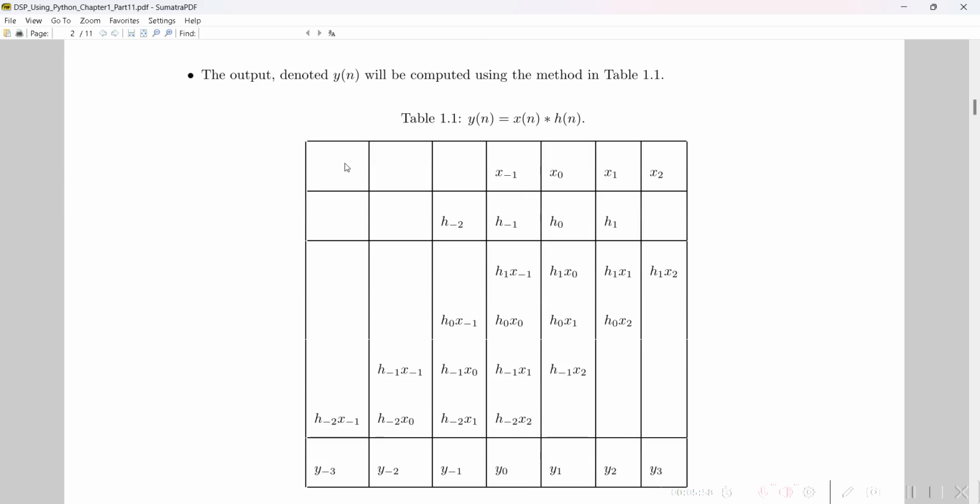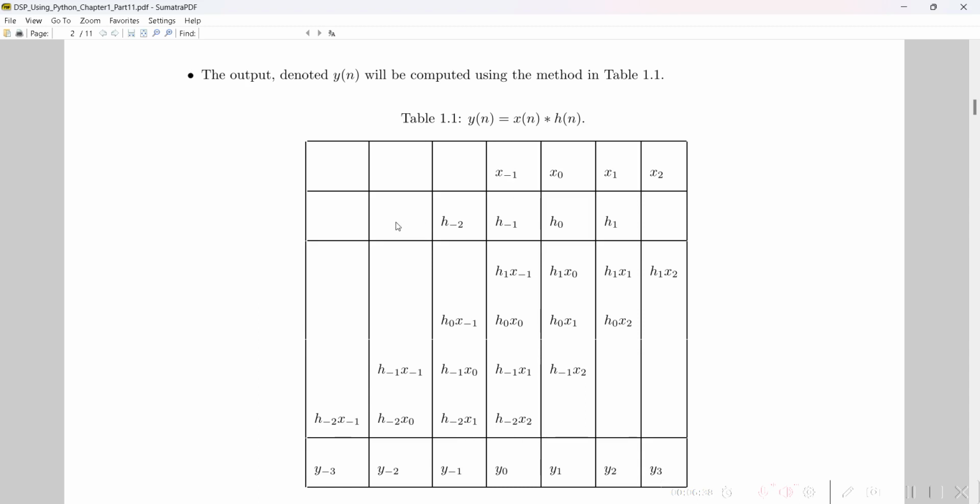In the first row, we put input samples in order from the smaller index, minus 1, up to the bigger index. You see, it's sorted from small to big index. So the rightmost sample will be 2, then before it 1, 0, minus 1. Okay?